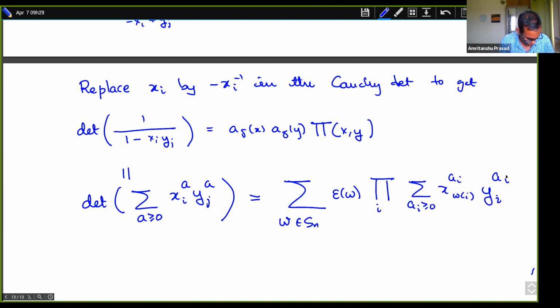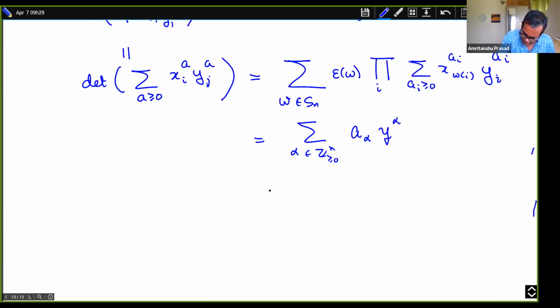Okay, and if you think about what that is, well, that's just the sum over alpha running over all multi-indices, that is alpha in Z greater than or equal to 0 to the power n, of a alpha. That's what this part gives. And then we have y to the power alpha.